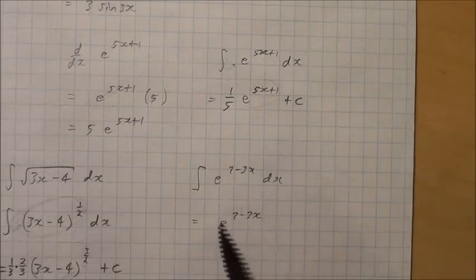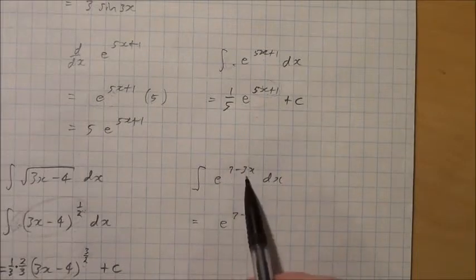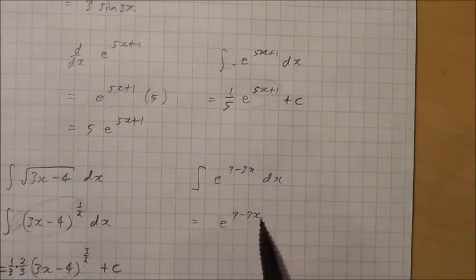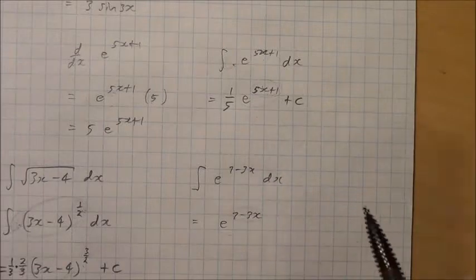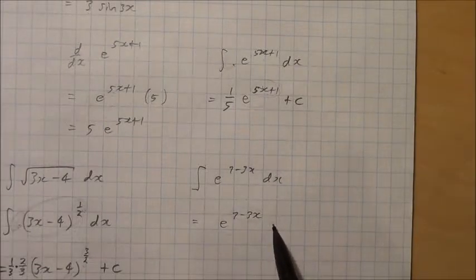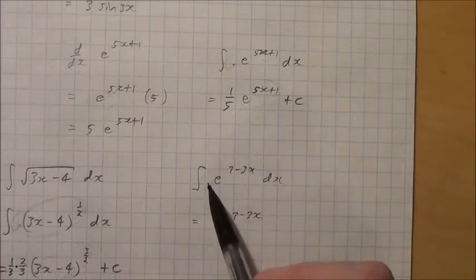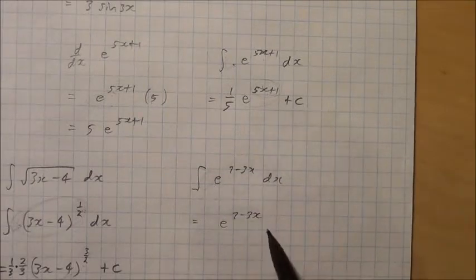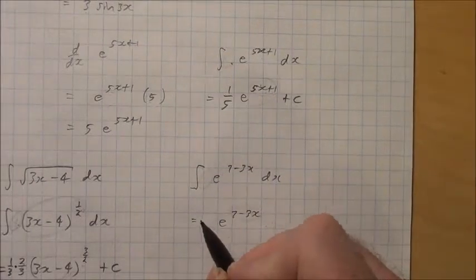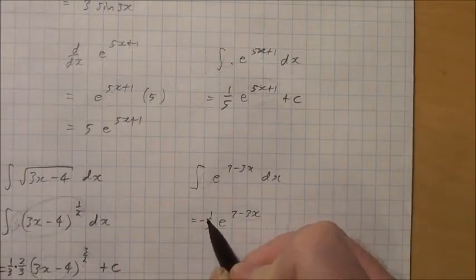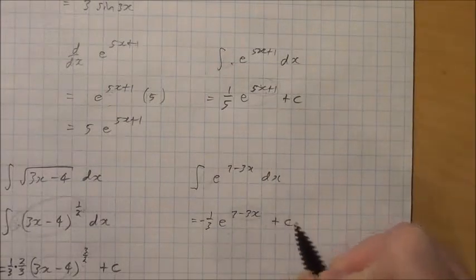So if I differentiate this, I just get e to the 7 minus 3x. When I differentiate the exponent, I'm going to get a negative 3 that comes down. But here, again, we just have a 1. So in order to undo the multiplication by negative 3, I have to multiply by negative 1 over 3. And then add the constant of integration.